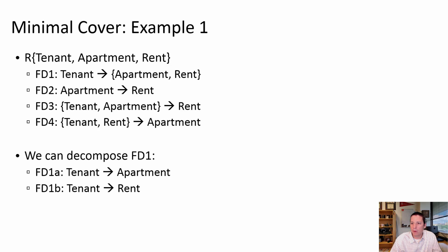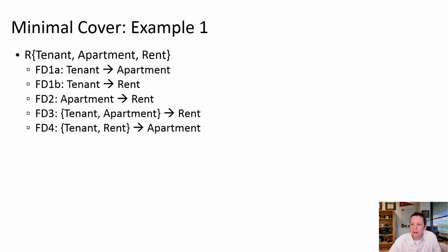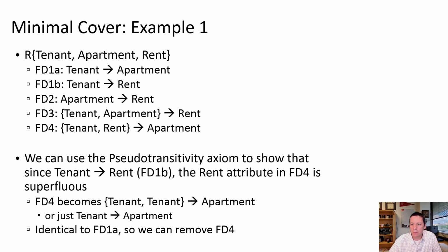So the first thing I would point out is that we can decompose our semantically obvious functional dependencies, or we can modify them to simplify things. So let's decompose functional dependency 1 into two functional dependencies: tenant determines apartment and tenant determines rent. This is our decomposition rule. Now, we could do this in any order that makes sense to us, but I'm going to start here, especially since pseudo-transitivity is my favorite.